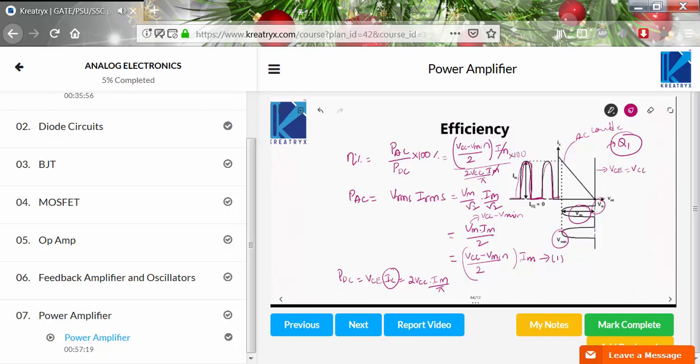IM cancels. Then the efficiency is pi by 4 into VCC minus V minimum by VCC into 100. So the efficiency is 1 minus V minimum by VCC into 78.5%. Here the maximum efficiency is obtained when V minimum is 0.